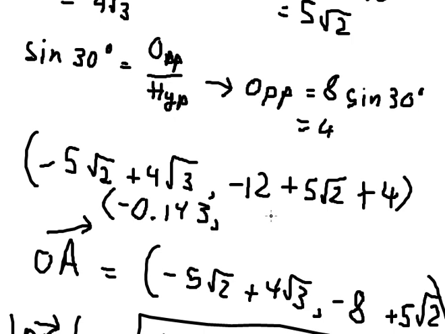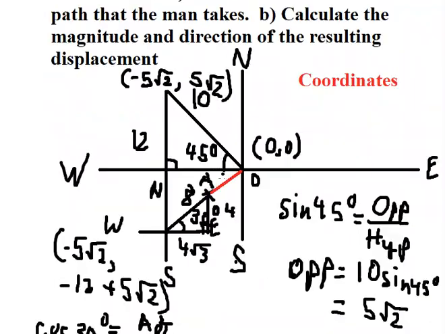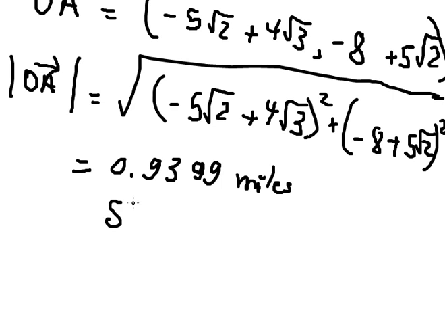This one we have negative 0.93. So that means the location of this man is very close in here. So in this location, that is about southwest. So the direction is southwest.